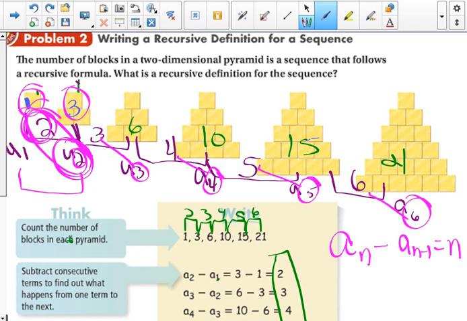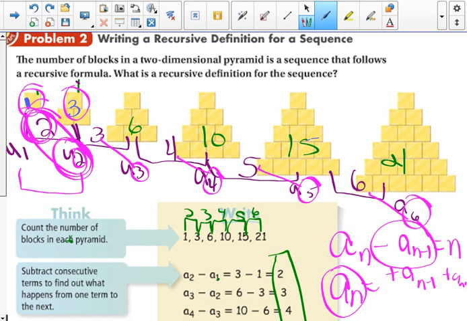So now we have to write this in terms of a sub n equals, because we've got to get that down to a sub n equals. So all we have to do is use algebra. Add this to each side, plus a sub n minus 1, plus a sub n minus 1.